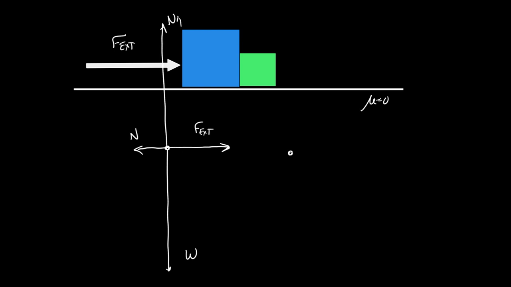Arguably going to be less than the external force because I think it's going to accelerate to the right. I would probably call this the force on the blue box from the green box. So wouldn't there also have to be a force on the green box from the blue box? Those are a clear Newton's third law pair. The boxes are in contact.